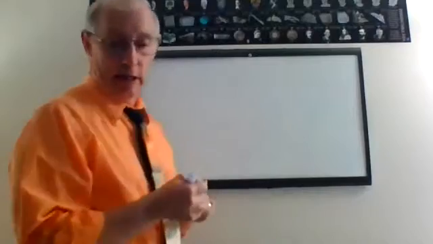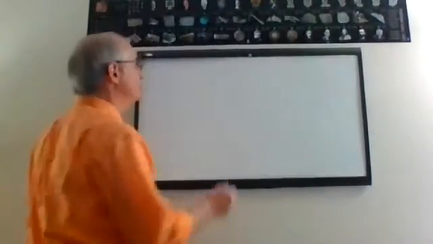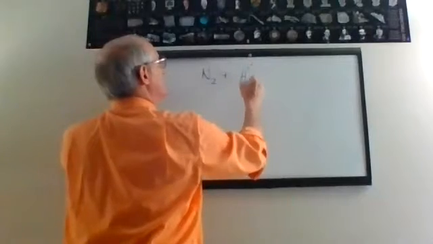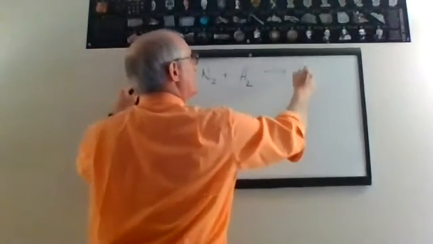And so I'm going to go ahead and give you a reaction that I love to talk about in this particular case. The equilibrium expression goes like this. We've got, page 564, nitrogen and hydrogen producing ammonia.